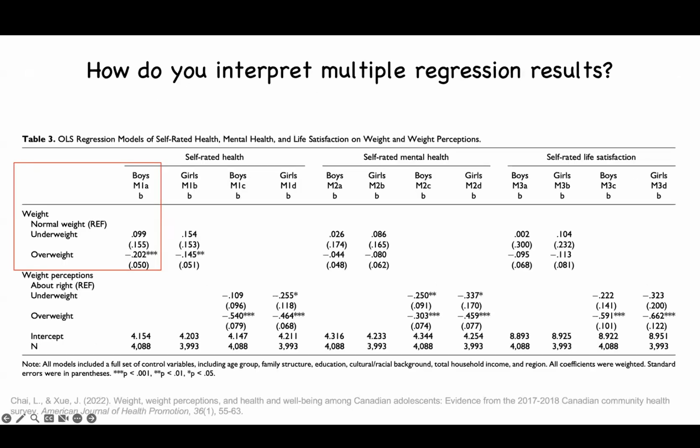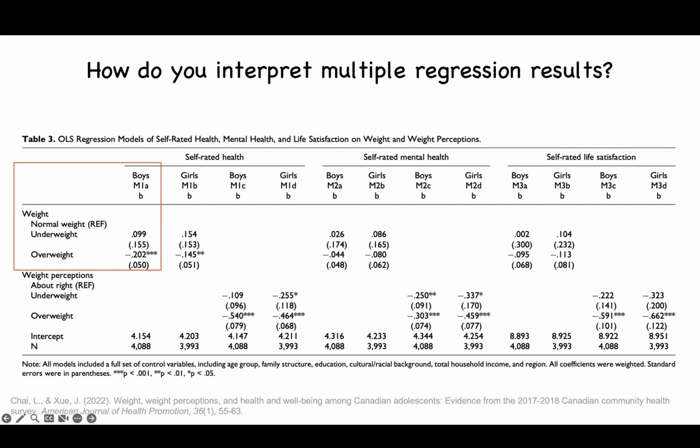Okay, the last slide is an example from my own paper published in the American Journal of Health Promotion. The present study examined the extent to which matched weight and weight perceptions predict adolescents' self-rated health, mental health, and life satisfaction.